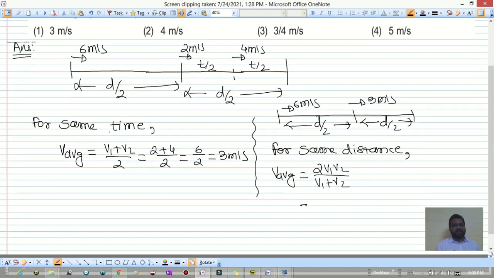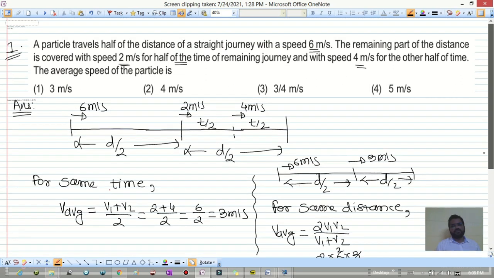Now what is v1 and what is v2 over here? As you can see, v1 is 6 and v2 is 3. So 6 plus 3 is 9. If you calculate this, you will get 4 meter per second. So the answer for this question is 4 meter per second.